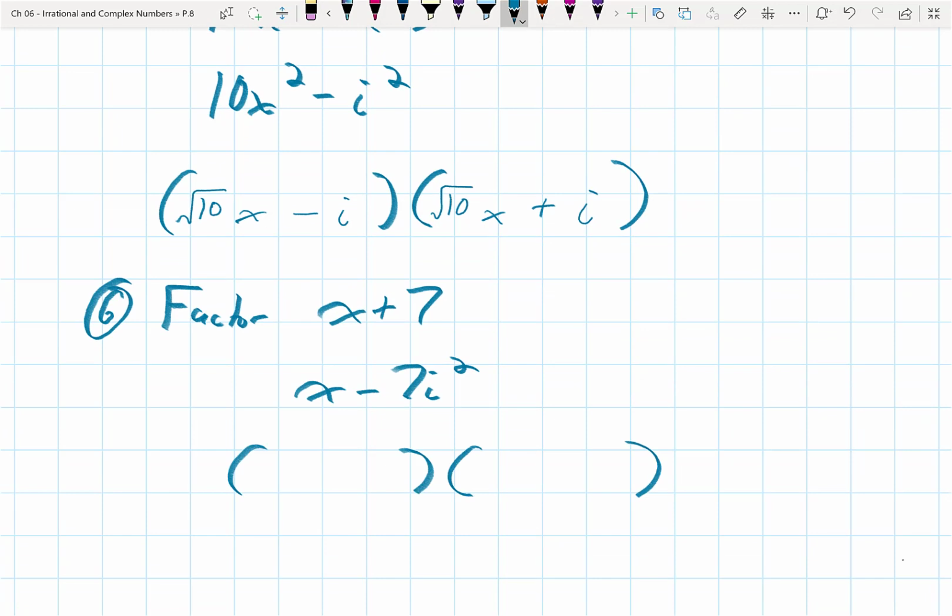And what am I going to pull out for the first part of these? Square root of x, minus square root of 7 i, with the i outside of the radical, plus square root of 7 i. So just about everything can be factored with a difference of squares.